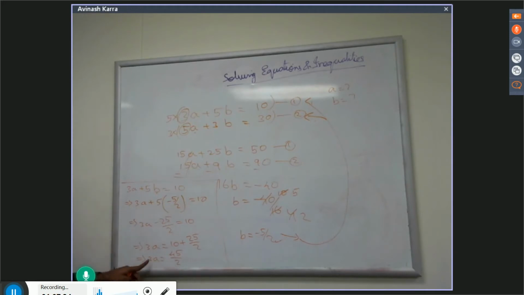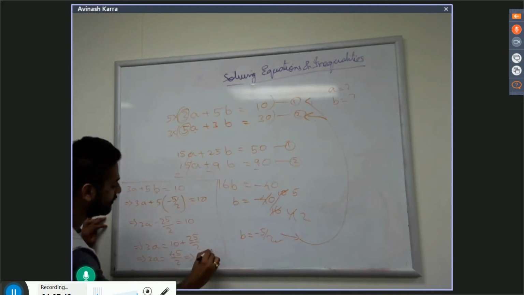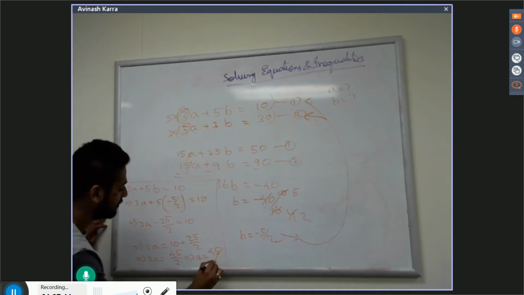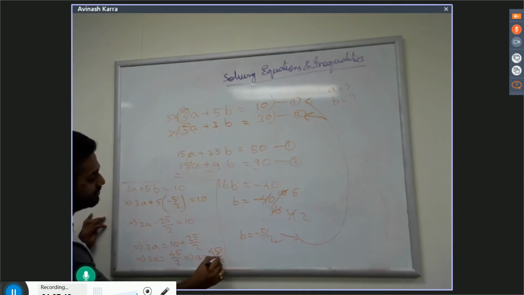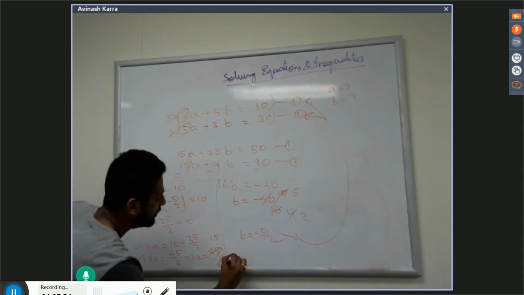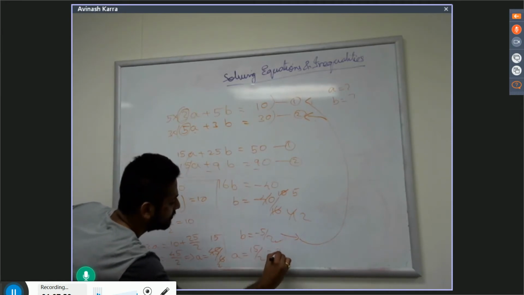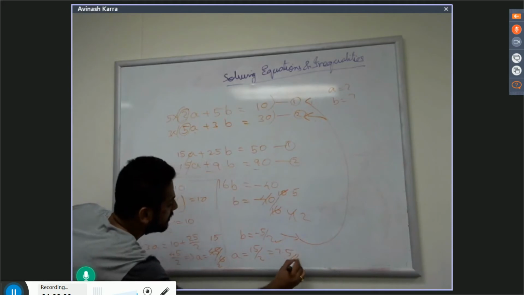So what's 3 doing here? It's multiplying. When it goes to the RHS, it divides. So a is equal to 45 by 3 into 2, 6. 3 2s are 6, 3 15s are 45. So 15 by 2. a is equal to 15 by 2, which is equal to 7.5.